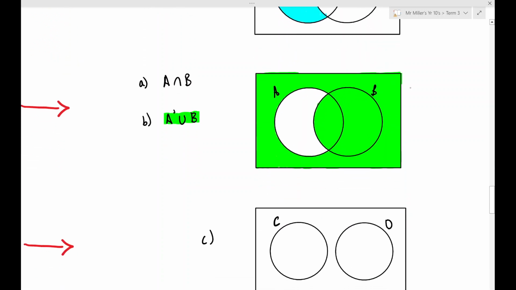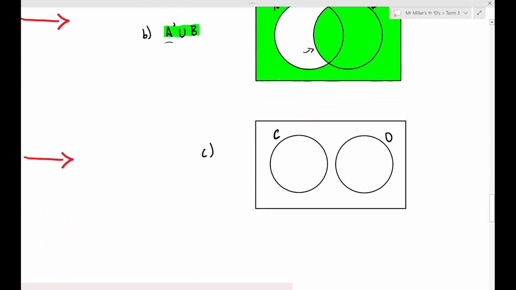Here we have not A, here we have B. So even though this is A, so it doesn't satisfy A primed, it is technically in B. It's still in set B. So it would count as part of the union between not A and B.